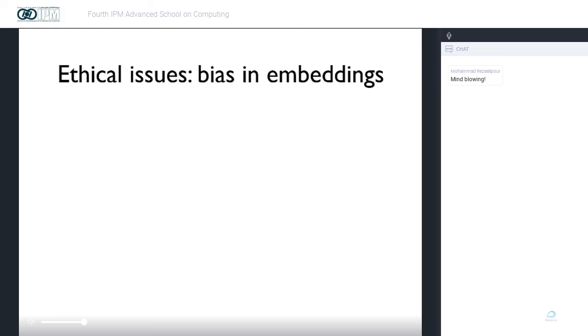But before I conclude this talk, I'd like to talk about some ethical issues around embeddings. The problem with most supervised machine learning models is that they are usually trained on human-generated data.